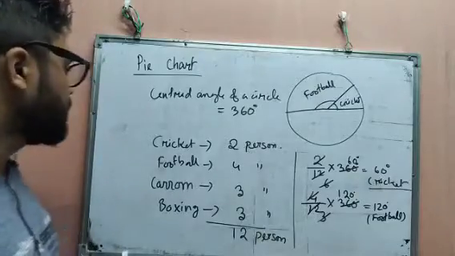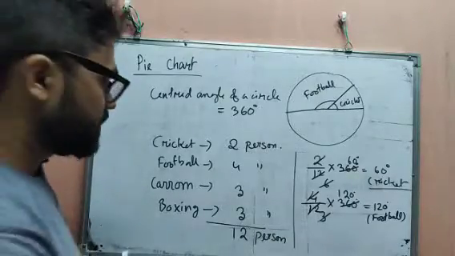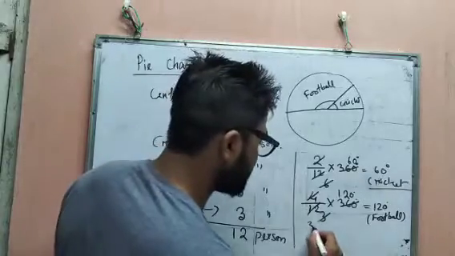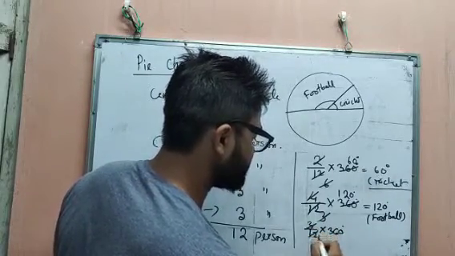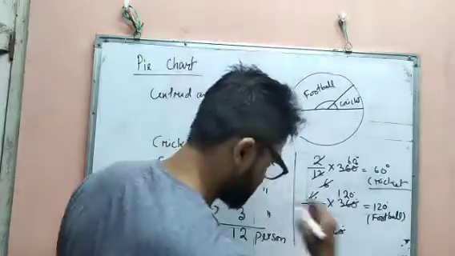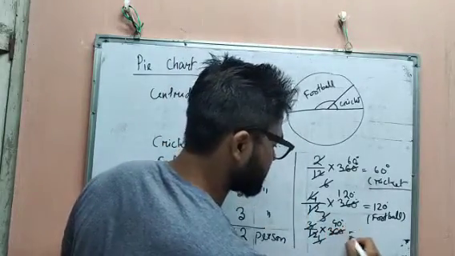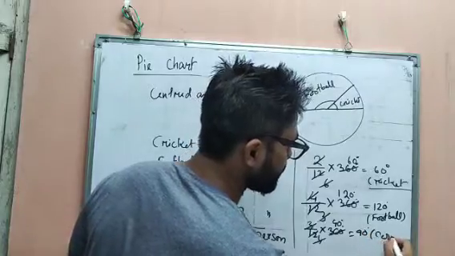Again we have one more thing. Now we have carom. For the carom, 3 by 12 into 360 degrees, 3 by 12 is 1 by 4, and 4 divides 360 to give 90 degrees. So 90 degrees for carom.